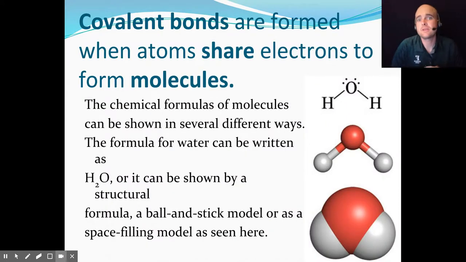Let's identify the types of bonds that we could have. The first one is the covalent bond, where the electrons are actually shared in between. When I say shared, I mean that hydrogen only has 1 electron. It would like to have 2, so it decides to share its 1 electron with oxygen, so that oxygen will share an electron with hydrogen.